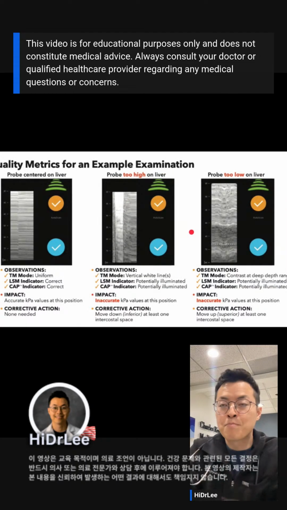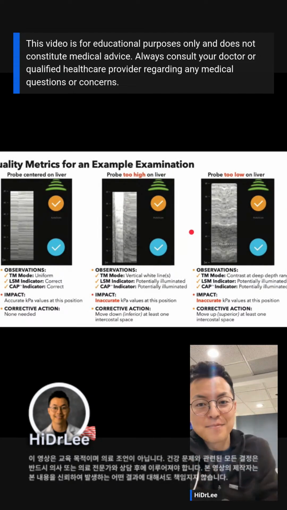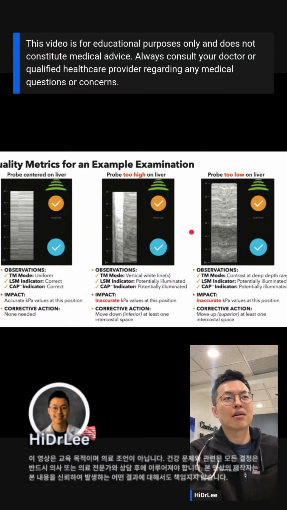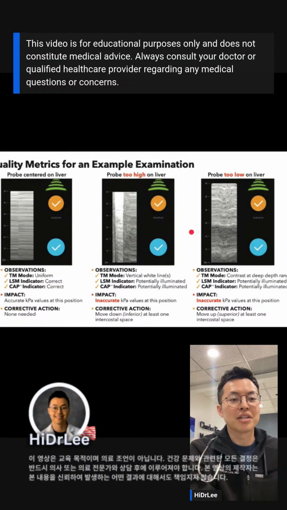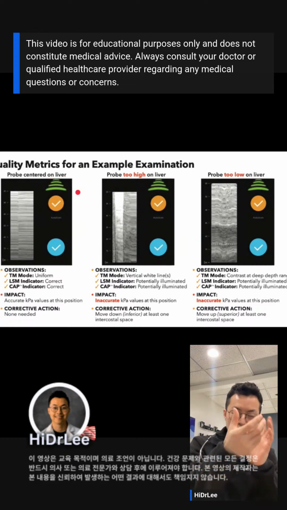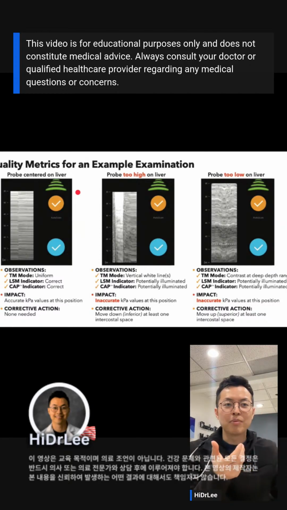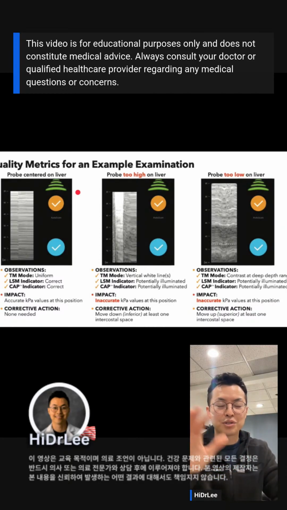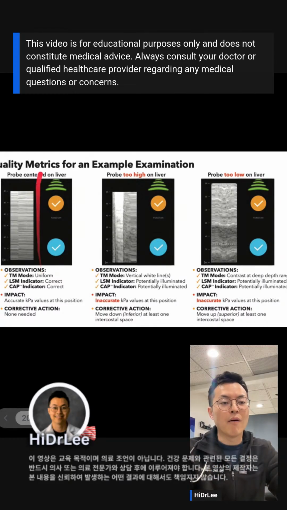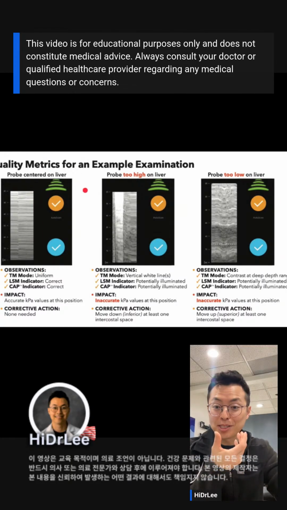And what's impressive about Fibroscan is almost everything's automated, and the machine automatically monitors the quality of the test. So here it tells us whether there's a probe, like an ultrasound probe, and the technician must find where the liver is, which is very easy. The liver is a large organ. Once we put it in the right spot, it starts like an M mode, which is like a real-time ultrasound, and tells us whether we are pressing too hard or not.